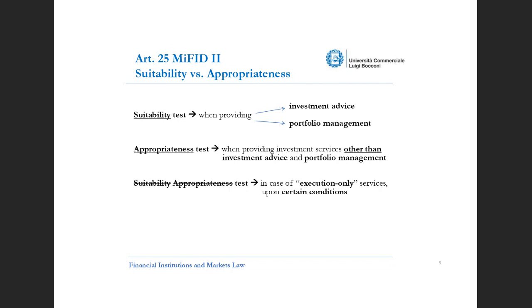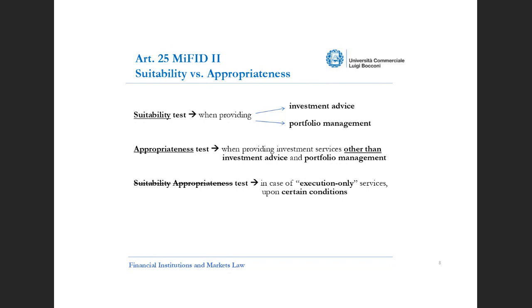I think you remember when I showed you right at the beginning of the MiFID introduction the list of investment services, and then I discussed what the different investment services are about. I had underlined in that list investment advice and portfolio management, and told you at that point that I had done so because these two services are the ones that are subject to the most comprehensive and intensive rules of investor protection under MiFID.